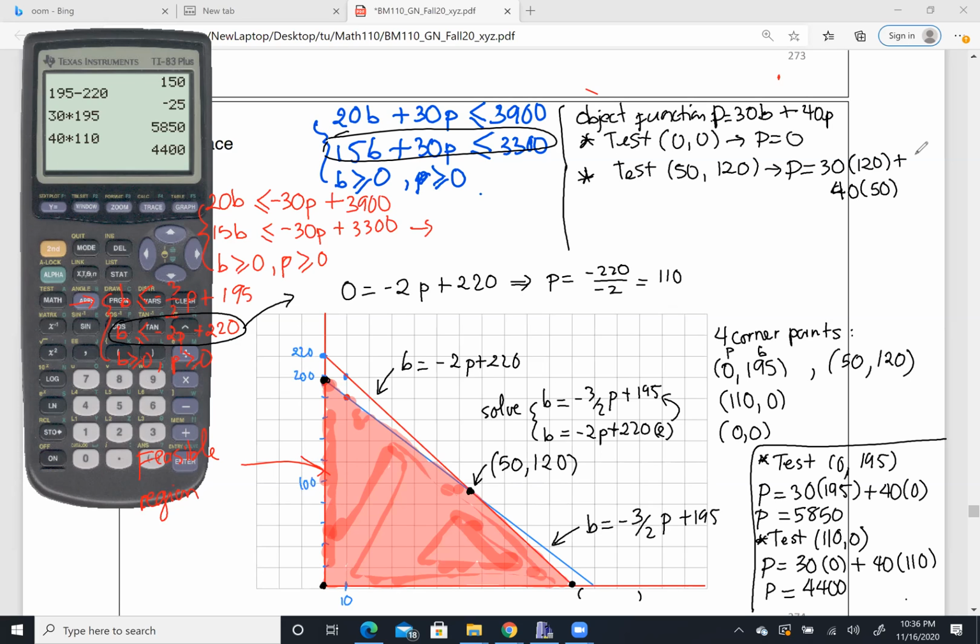So now p in this case will be, so use calculator. Okay, so I have 30 times 120 plus 40 times 50, and you will have 5,600.